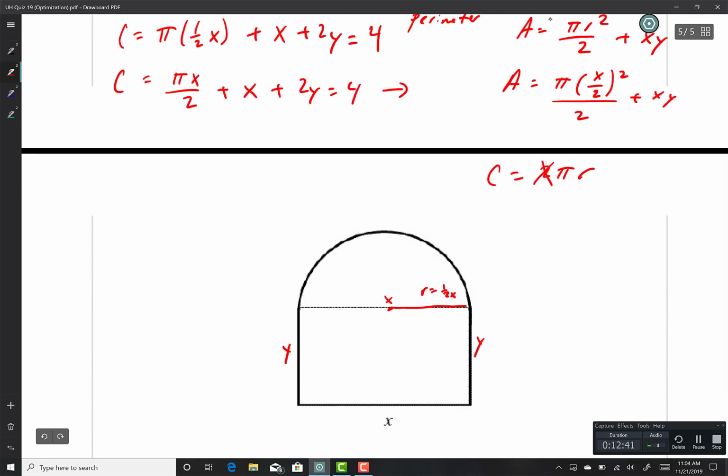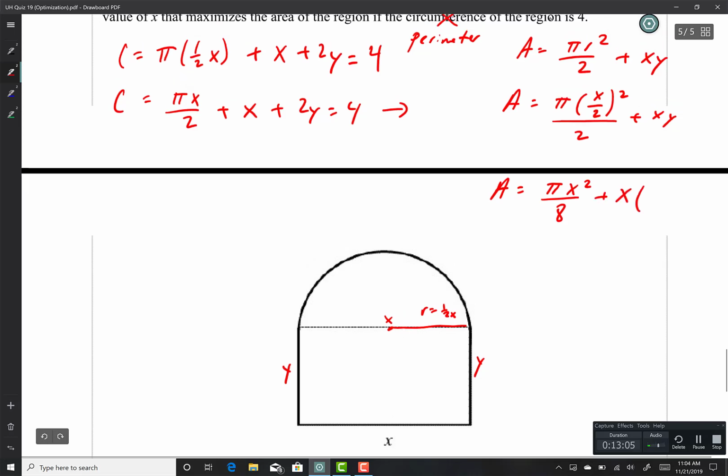So again, let's see, my area equals pi, x times x is x squared, and then 2 times 2 is 4, and I'm dividing by 2 again, so it's going to be over 8, plus x times y, and I'm going to put what y is right now from right here.